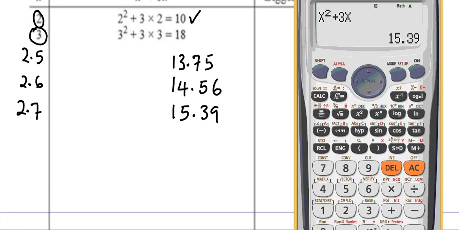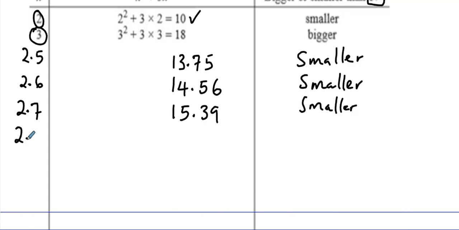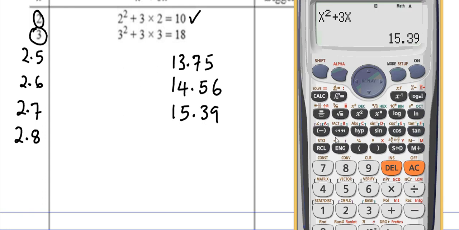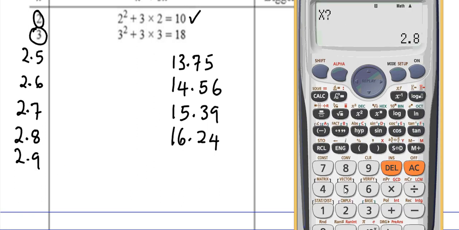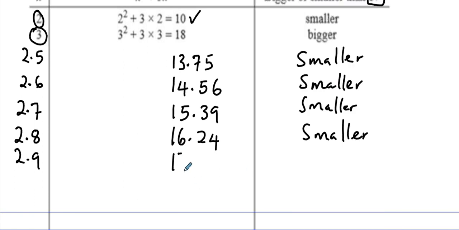And then we try 2.8. Calculate y when x is 2.8. We get 16.24, and this is still smaller than 17. So we have to try 2.9. We are getting 17.11, which is bigger than the expected.